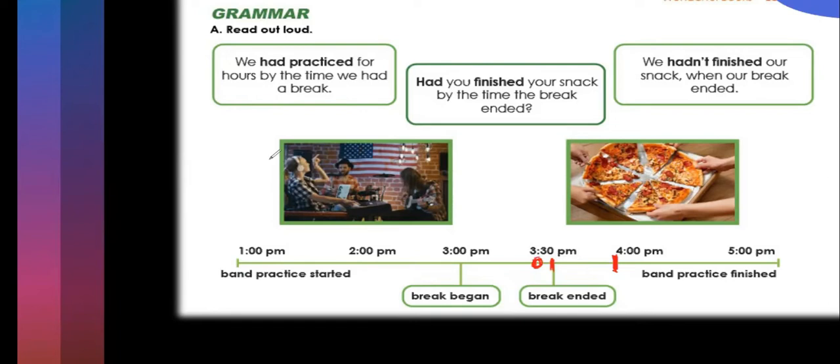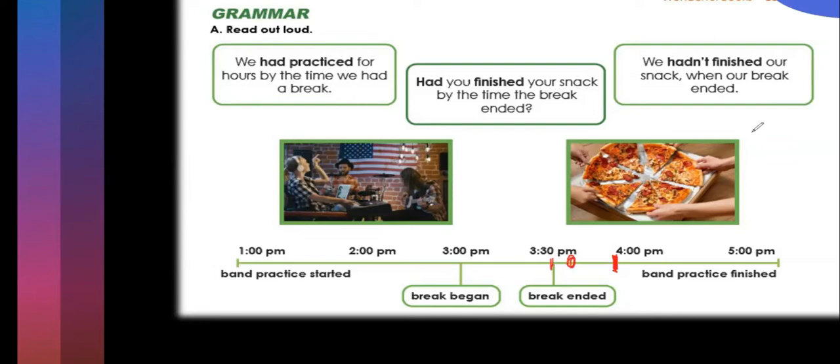So did you finish your snack before the break ended? Yes, I had finished. Why? Because first you finished and then the break ended. If you say no, I hadn't finished, it is because you did the action here.